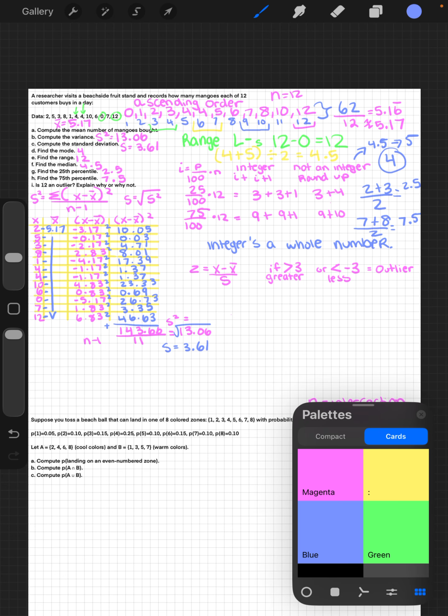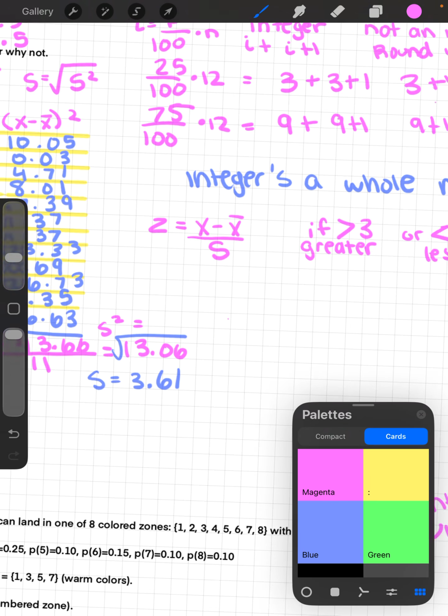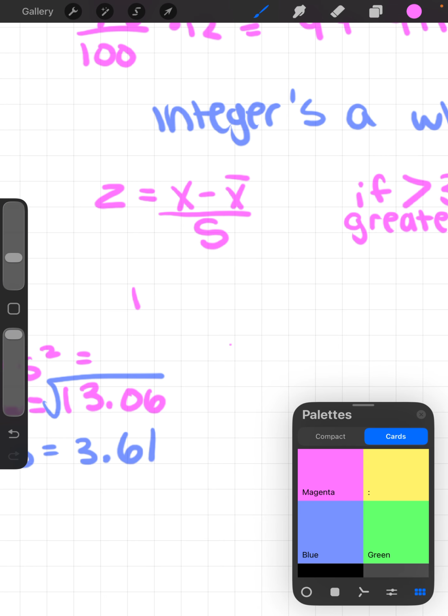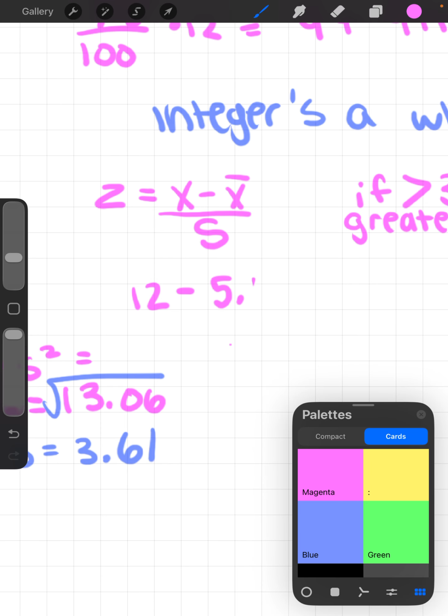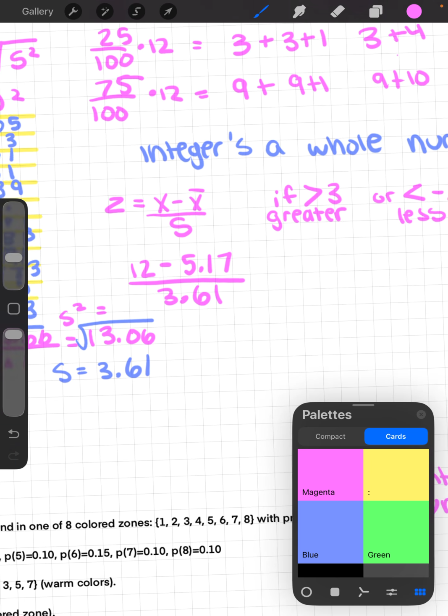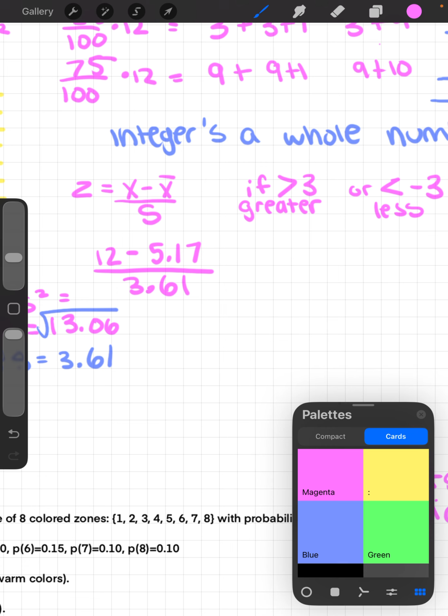And then now we're going to see if 12 is an outlier. So it's going to be 12 minus our mean, divided, wait, that's not our mean, 5.17, divided by our standard deviation. Now I'm going to just put this in the calculator.